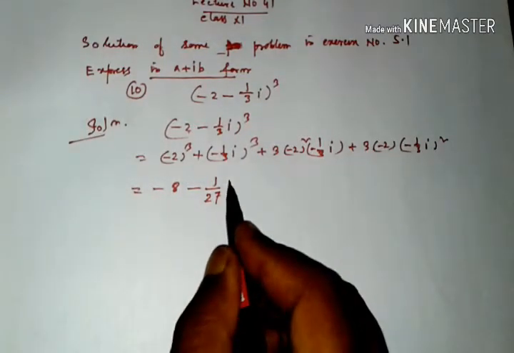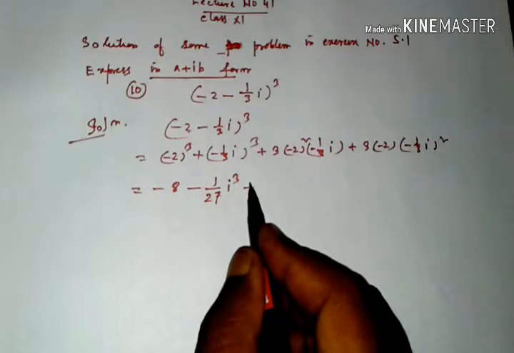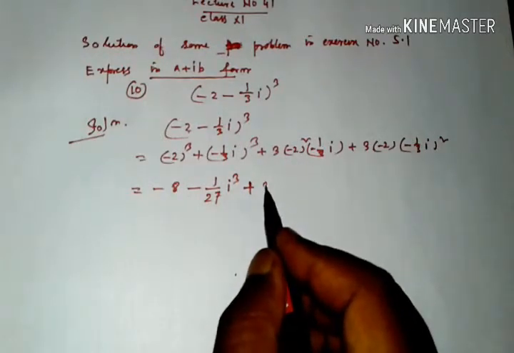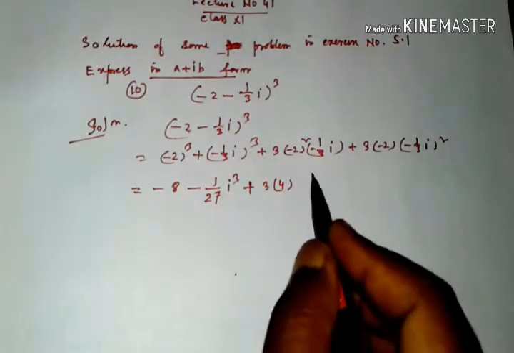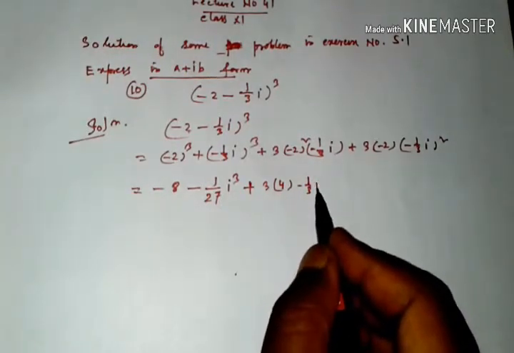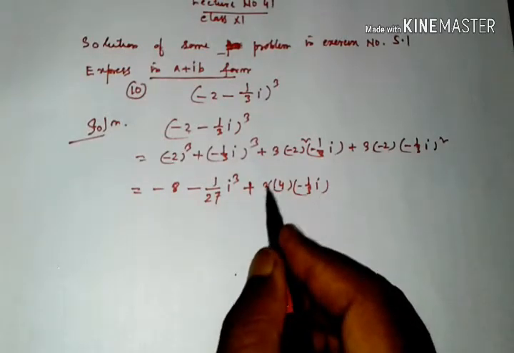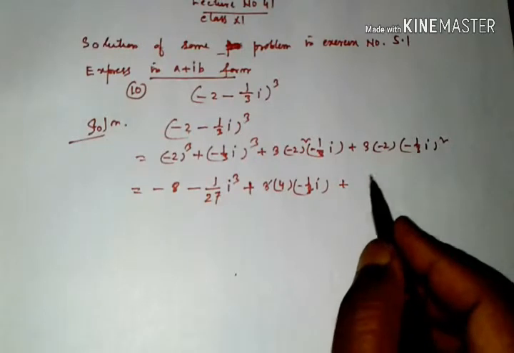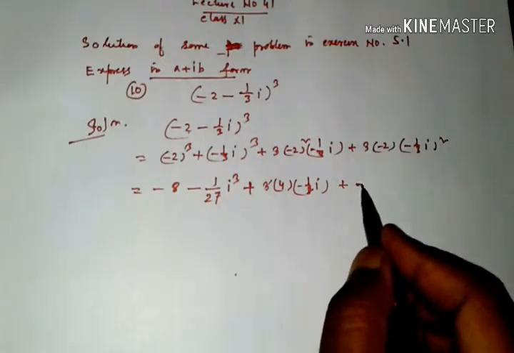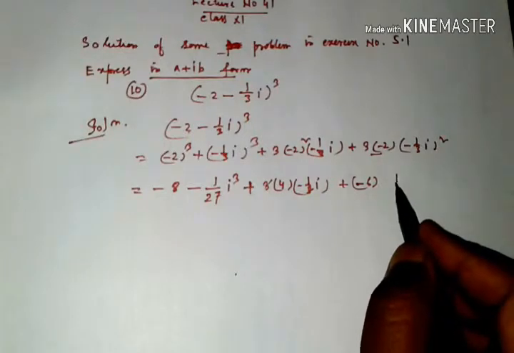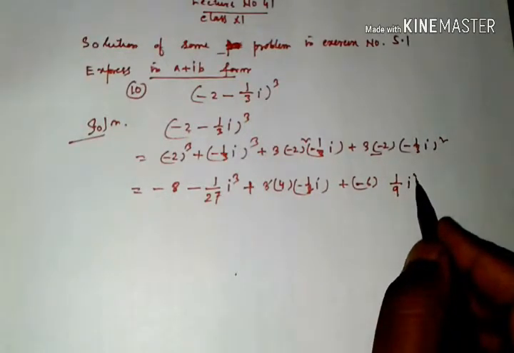There is i cube, plus there is 2 square. This is 4, minus 1 by 3i. 3 can be cancelled, and this is minus 6, and 1 by 9 i square.